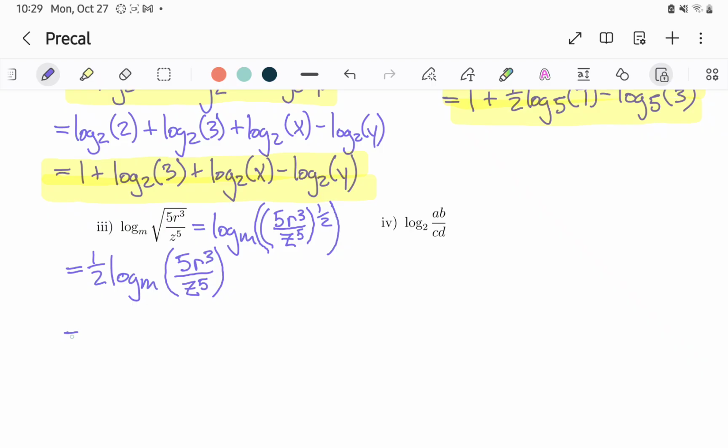Okay, and then from here we can use the quotient property first. Let's just leave the 1/2 factored outside, and then we'll worry about distributing that afterwards. So we're going to have 1/2, and then inside parentheses, log base m of 5r cubed minus log base m of z to the 5.